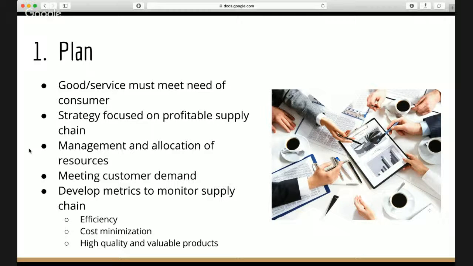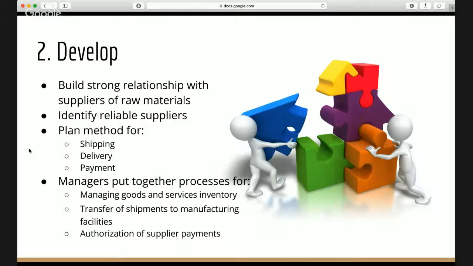So in the second stage, the development stage, they build strong relationships with the suppliers of the raw materials. So they'll reach out to these suppliers and build relationships with them, so there's trust and reliability in terms of who's getting what raw material and how the process is going to work. And they also plan a method for shipping, delivery, and payment for these raw materials.